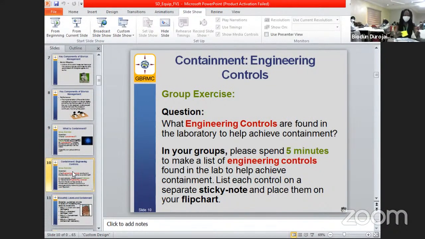So when you talk about definition, it is actually design or device or other such processes that prevent the spread or movement of biohazardous agents away from the immediate area of use.